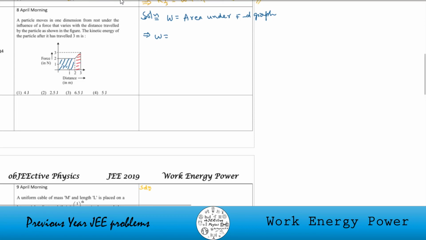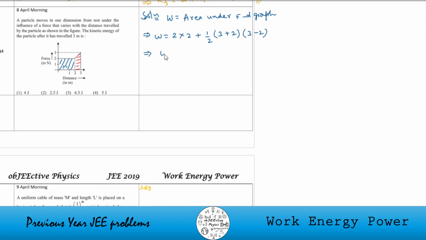So W is equal to, first one 2 into 2, plus half into the sum of the parallel sides 3 plus 2, into the perpendicular distance between the parallel sides.